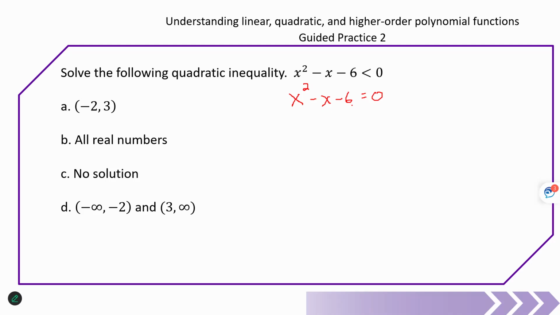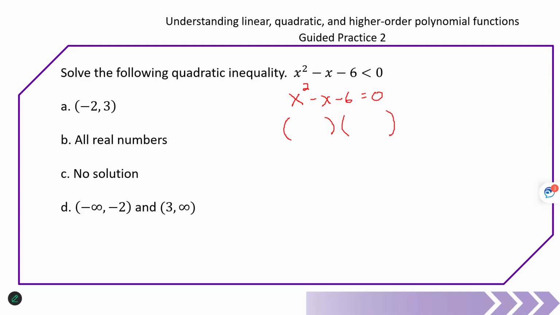And here you can go ahead and use the quadratic formula, if you remember that, or you can use factoring. But we're just trying to find some key parts in our inequality, and we know that solving for 0 is going to get us on that x-axis.